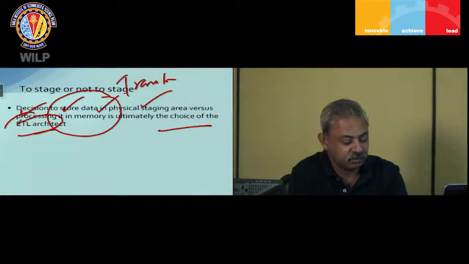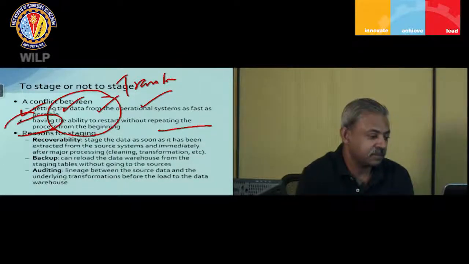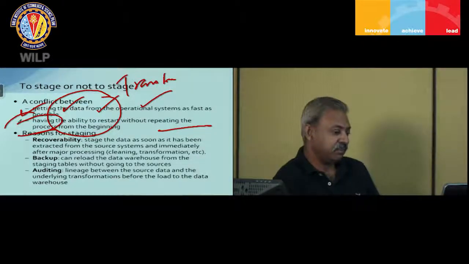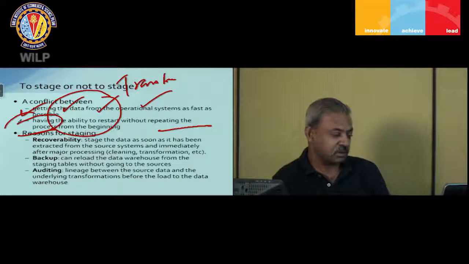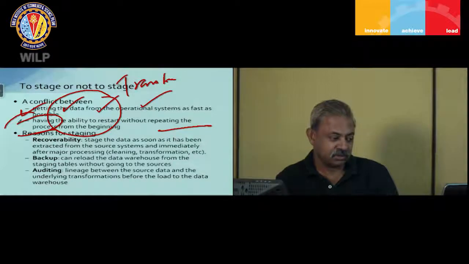Because if you do staging, then you are getting involved in I/O. To stage or not to stage is a conflict between getting the data from the operational systems as fast as possible and having the ability to restart without repeating the process from the beginning, right? So if you are not staging, then you'll have to start from scratch, right?